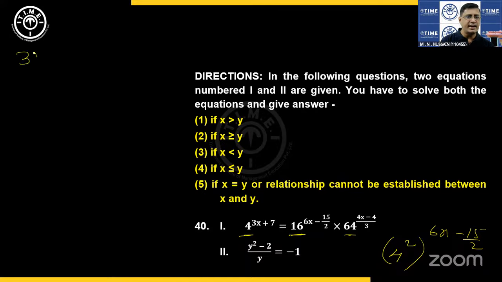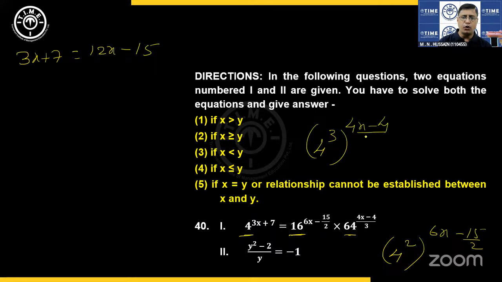Here 3x plus 7 is equal to 2 into 6, that is 12x, minus 2 into 15 by 2, that is 15. 2 and 2 get cancelled. 64 means 4 cube. 4 cube whole power 4x minus 4 by 3. 3 and 3 get cancelled. Next 4x minus 4. Simplify.